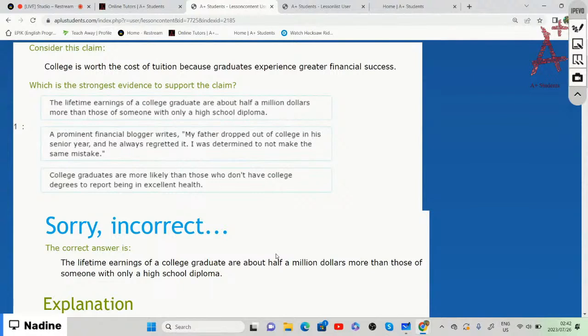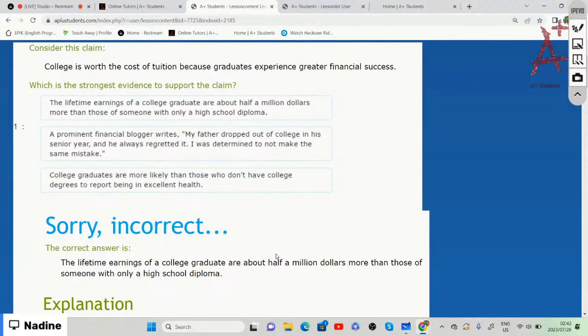Is it: the lifetime earnings of a college graduate are about $500,000 more than those of someone with only a high school diploma? Or a prominent financial blogger writes, "My father dropped out of college in his senior year and he always regretted it.